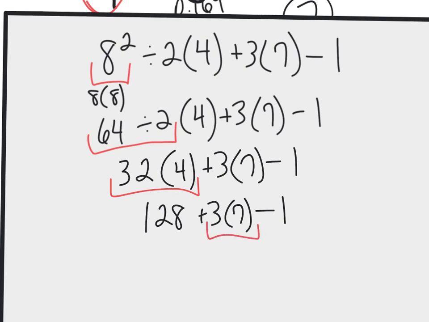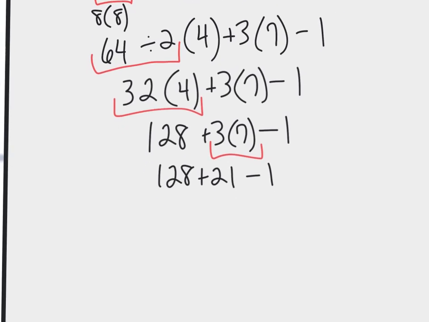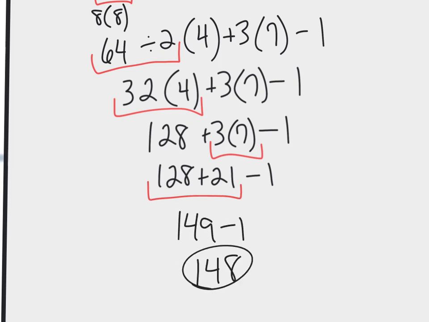Three times 7 is 21. And then we'll add and subtract from left to right. This would be 149 minus 1, which is 148.